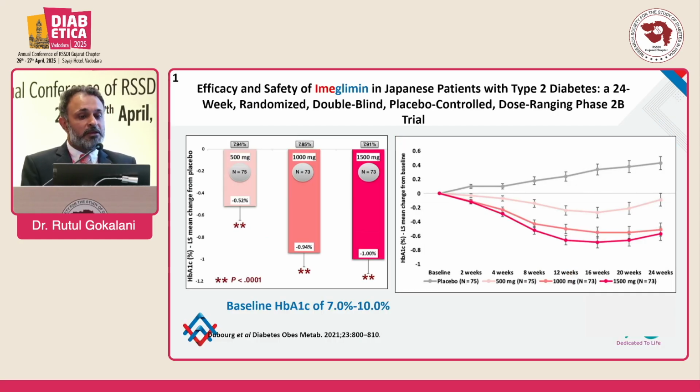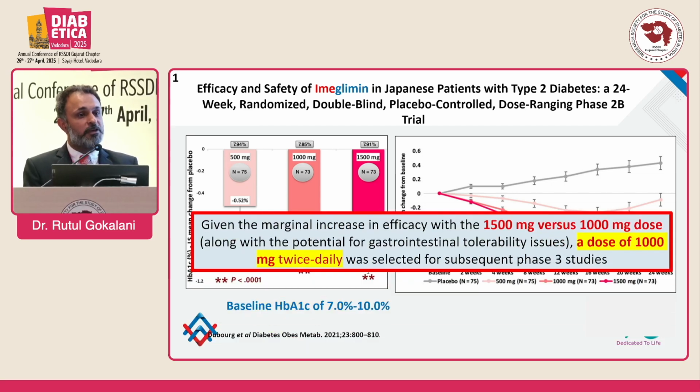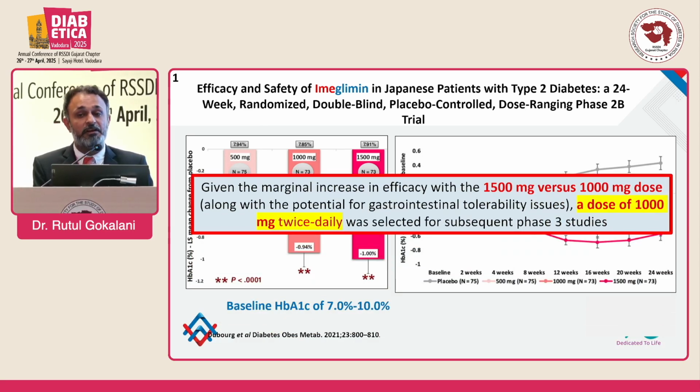Efficacy and safety of imeglimin in Japanese patients with type 2 diabetes: a 24-week randomized, double-blind, placebo-controlled trial was done. In this trial, baseline HbA1c was between 7 to 10%, and it showed an HbA1c reduction of around 1% with imeglimin doses of 500 to 1500 milligram.